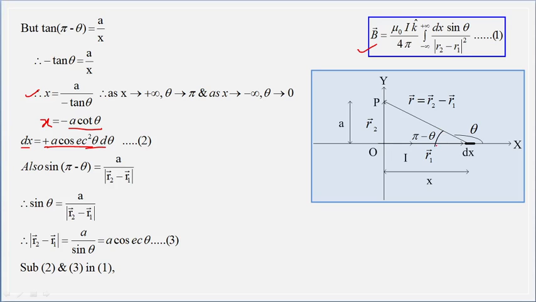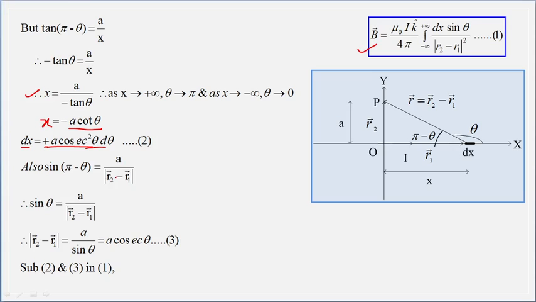Sine of pi minus theta is opposite side divided by hypotenuse. Opposite side is a, taking magnitude, and the length of the hypotenuse is modulus of vector r2 minus vector r1. Finally, sine of any angle is opposite side by hypotenuse.